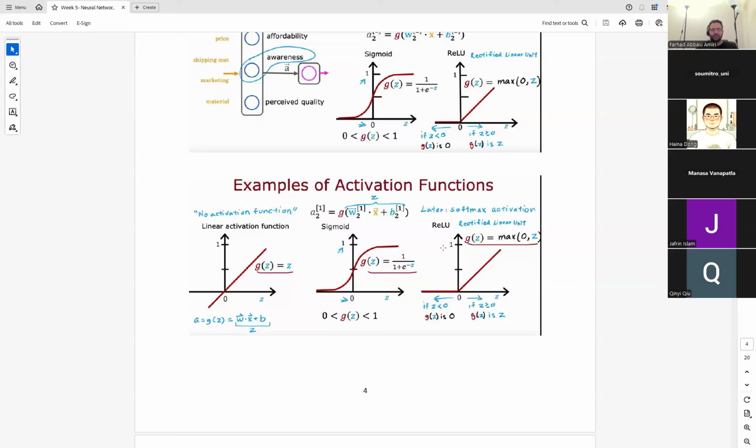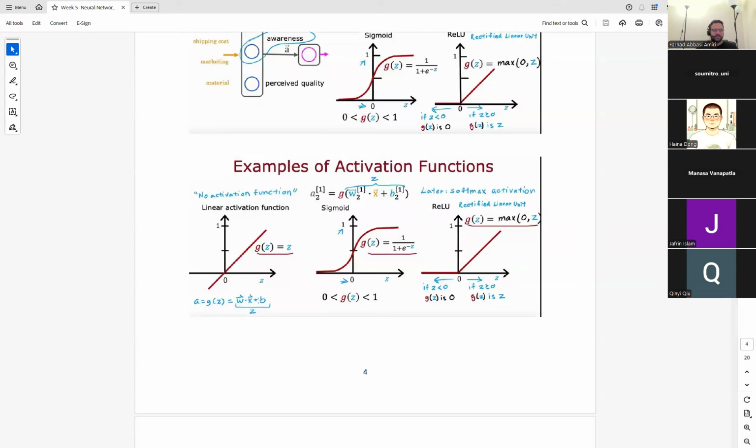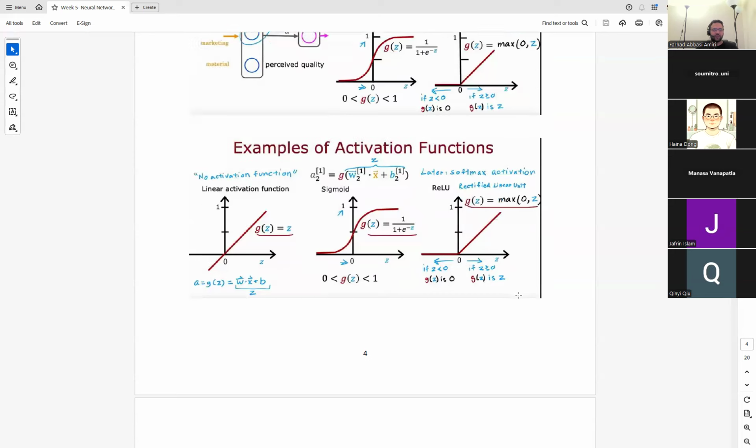This is called ReLU. And later on, there is the fourth activation function, which I talk about in the last slides, called softmax activation. But for now, let's stay with these three activation methods and build up our neural network structure.